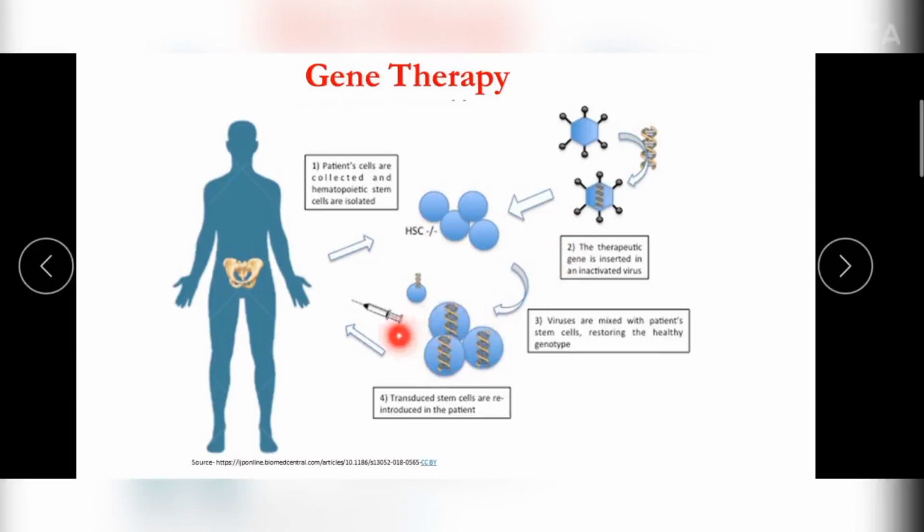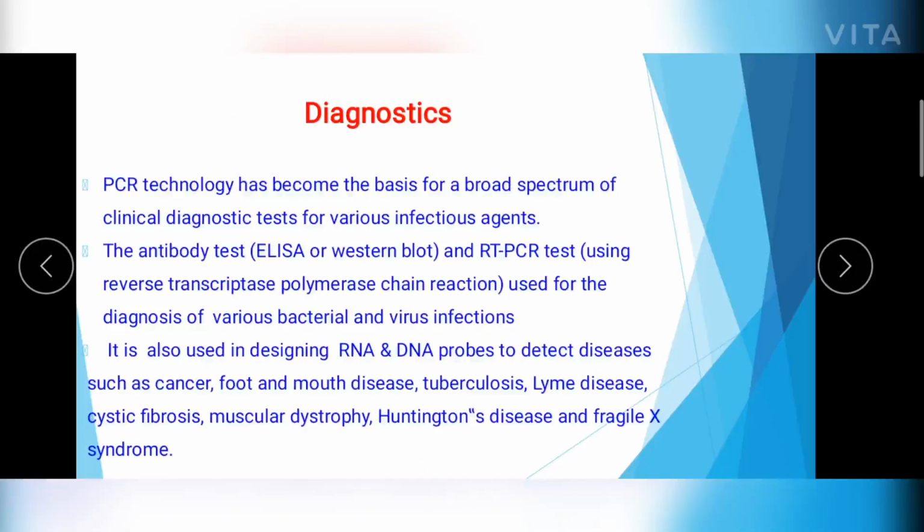Later, these stem cells are again re-injected into the patient. So in this manner, the particular disease can be cured by the insertion of these therapeutic genes. So in this way, gene therapy is now in progress to cure different types of diseases.